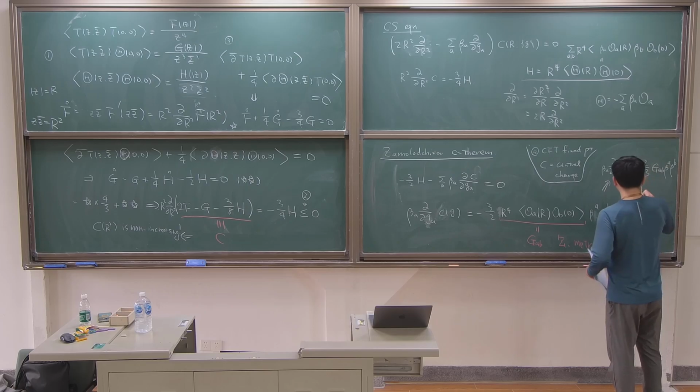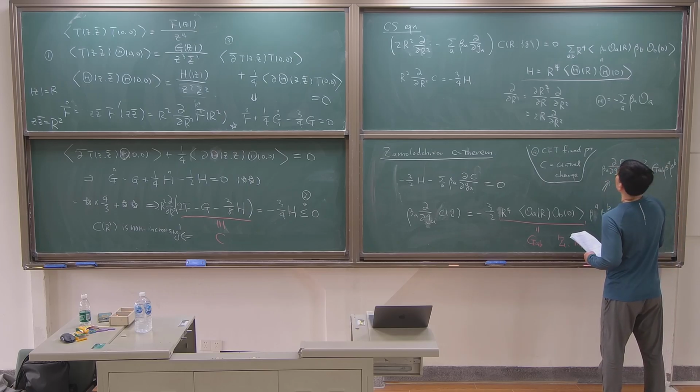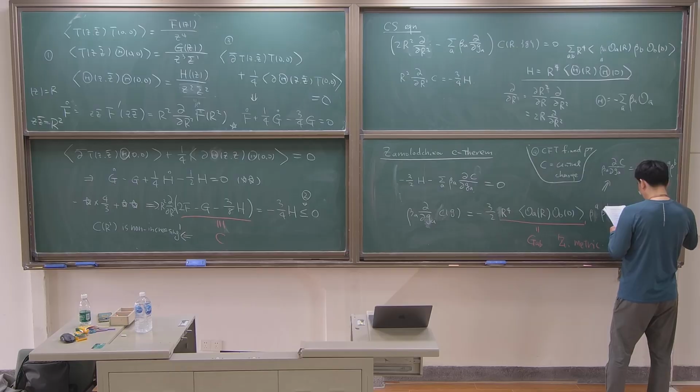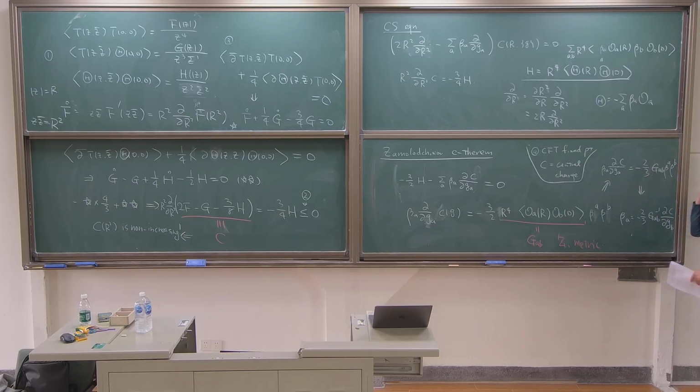and from here, assume G has an inverse. If G has an inverse, this equation can be written as follows: beta^A is equal to minus 2/3 G^AB inverse del C del_B. That's the equation one can write.